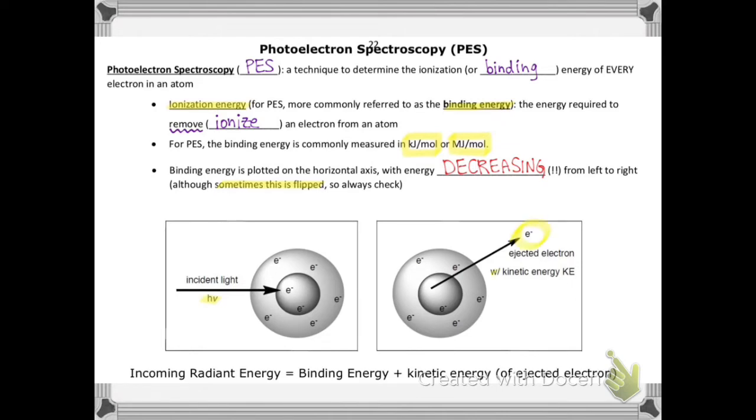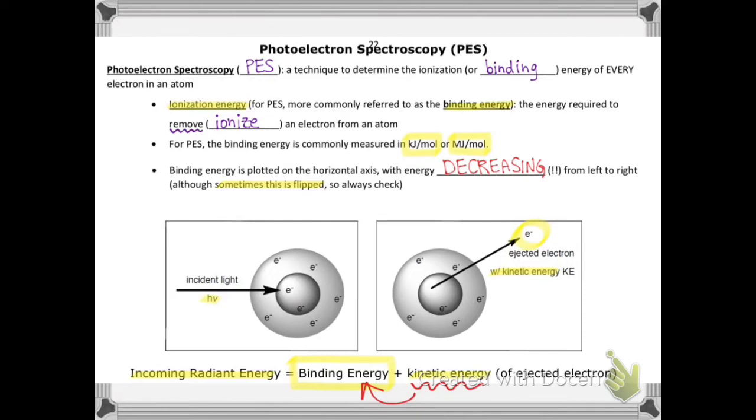Now that electron will have some leftover kinetic energy. Basically, the energy of the light coming in has to be the energy it took to kick off the electron plus the kinetic energy. So we measure the kinetic energy and use that to determine the binding energy. That's simple math.